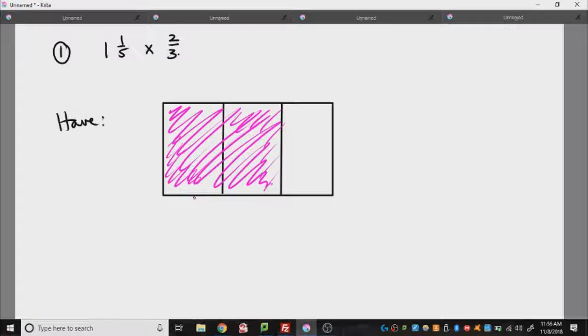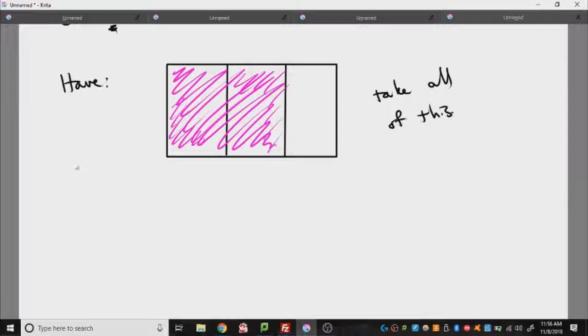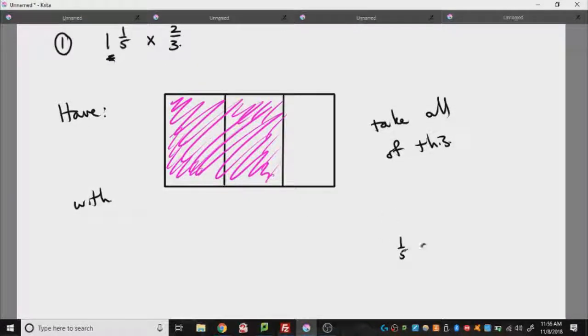So now one way to do it is to say, well, we can take all of this to account for the 1, and then with another 1/5 of the 2/3.